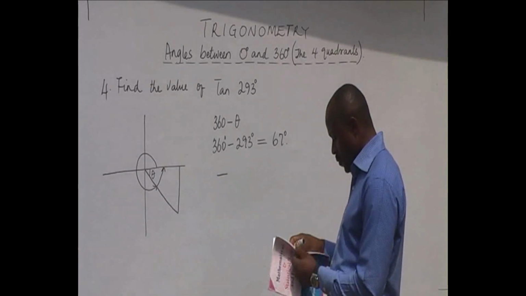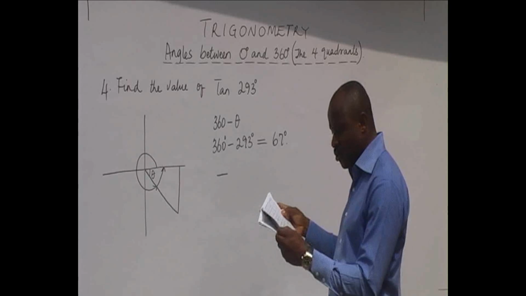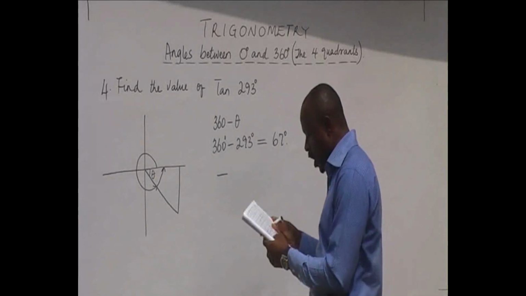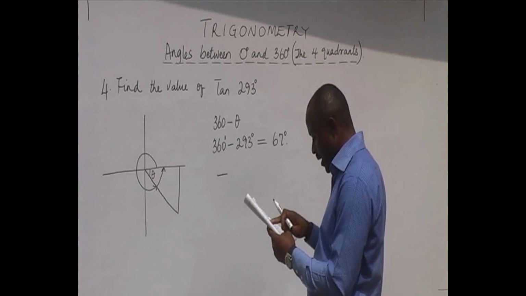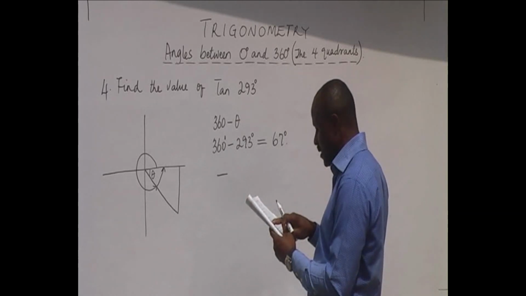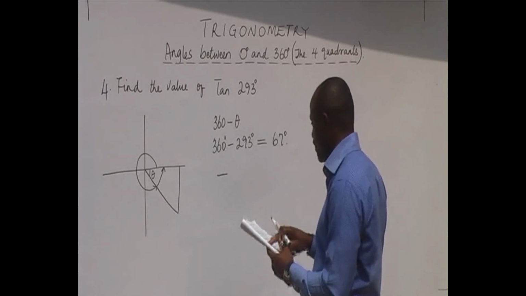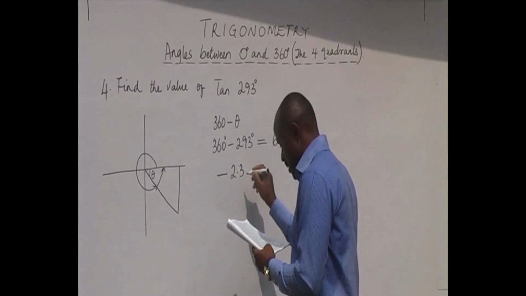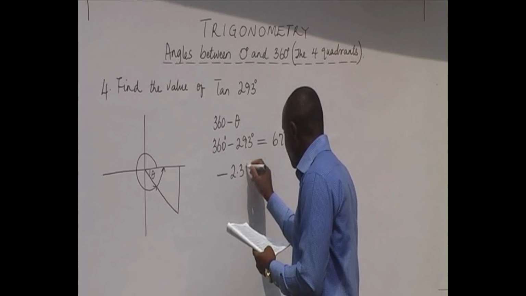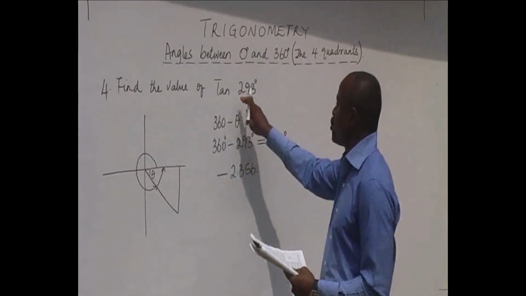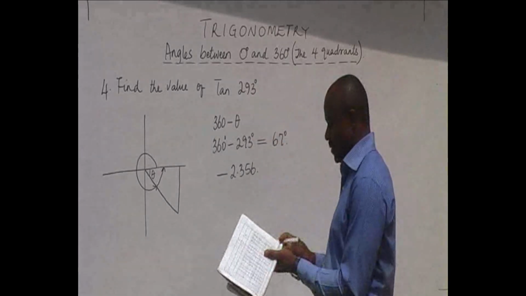So go to page 24/25. Find tan 67 degrees under 0. 67 under 0, tangent of angles in degrees. It's giving us 2.356. So we are going to have minus 2.356 as the value of tan 293 degrees.